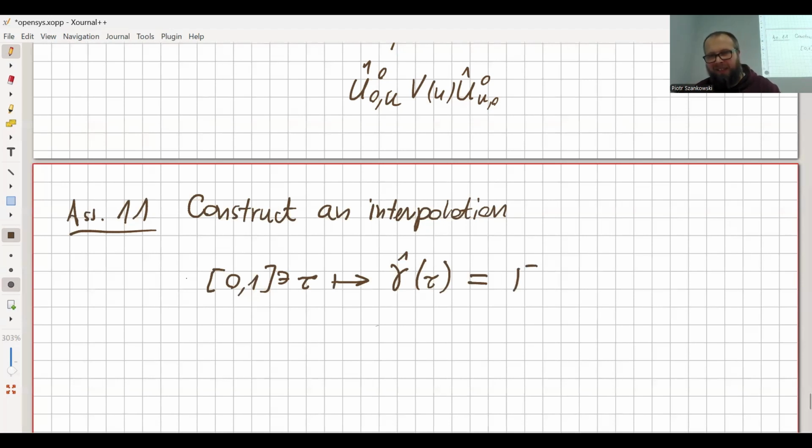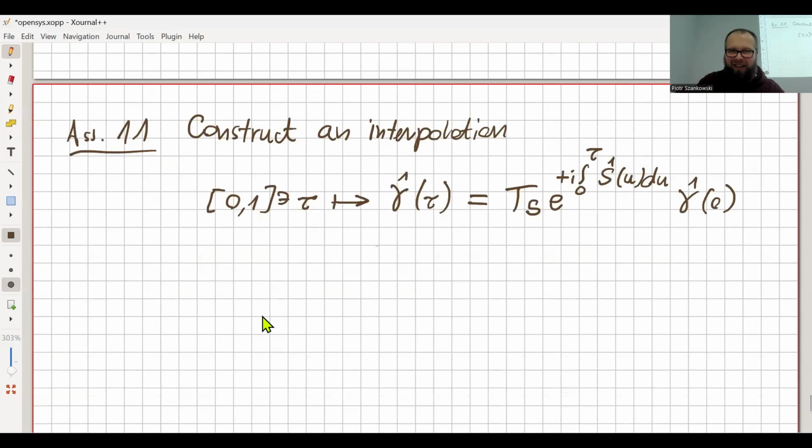It's basically a time-ordered exponent, let's take plus here, we don't need minus, with some generator u du, and it starts with gamma 0.